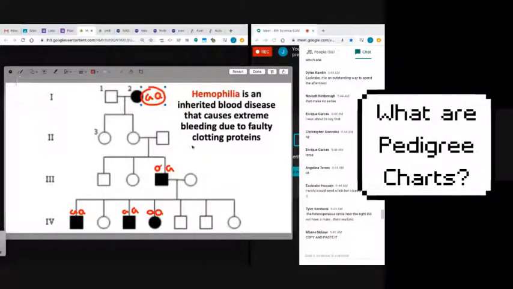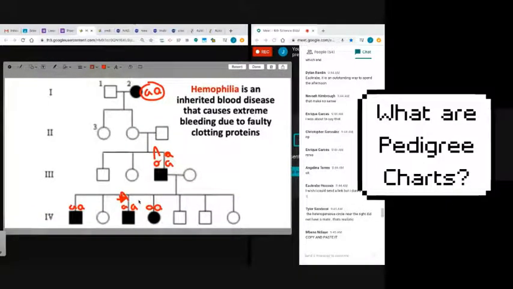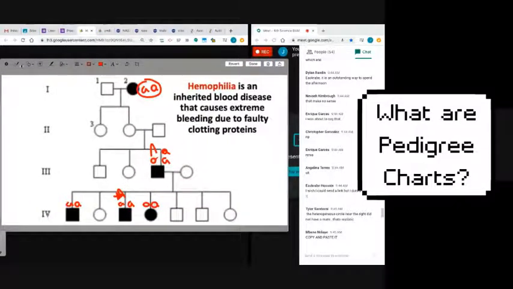All right. So how do we know if hemophilia is a recessive or a dominant characteristic? If it's dominant, we would see something like this, maybe a heterozygous person or a homozygous dominant person. So we need to decide if this characteristic is recessive or dominant, and the way we go about that is just by looking at whether it jumps a generation or not.